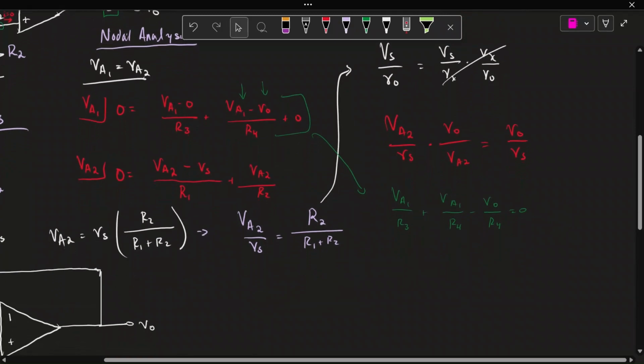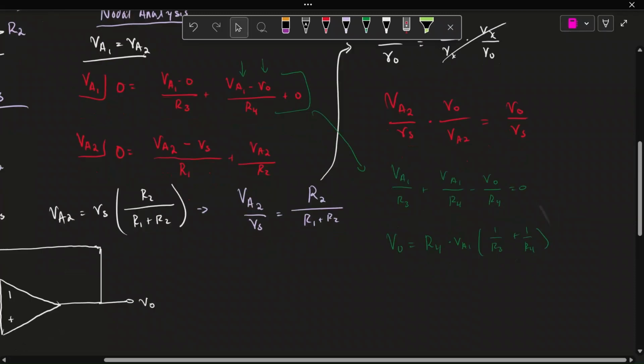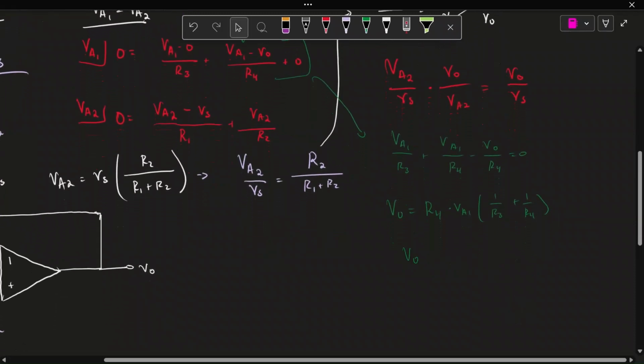Solving for VO in terms of VA1, add this to the right side and multiply by R4, so VO is equal to R4 times, taking out a VA1, 1 over R3 plus 1 over R4. Multiplying the R4 to everything, we get VA1 times 1 plus R4 over R3, distributing to both.